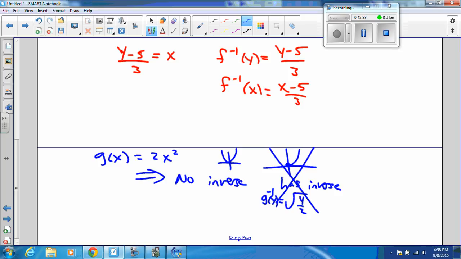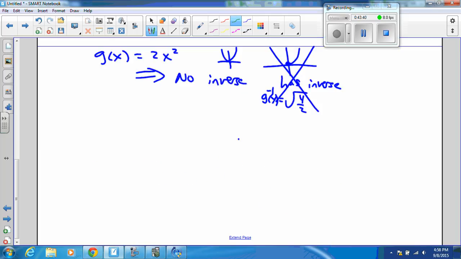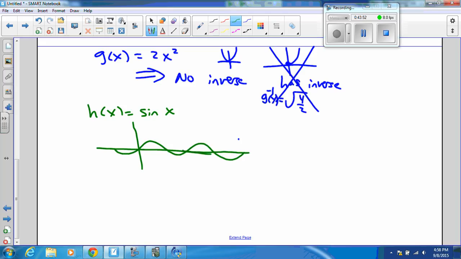What about c? H of x equals sine x. Well, when I graph h of x equals sine x, I can see it is not 1-to-1, and therefore it has no inverse.